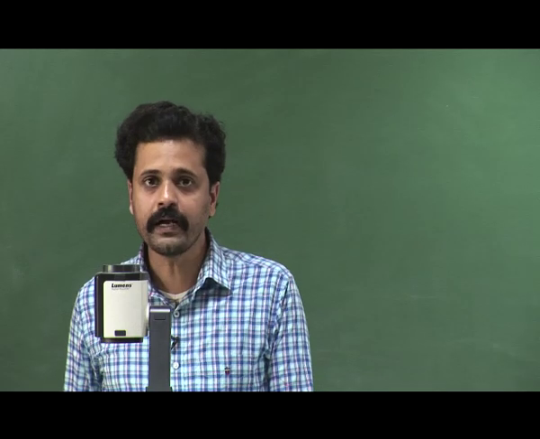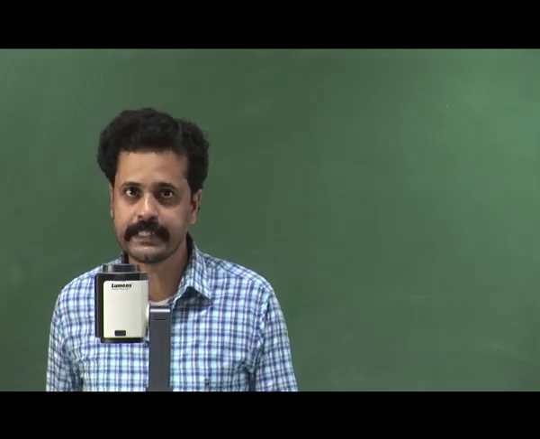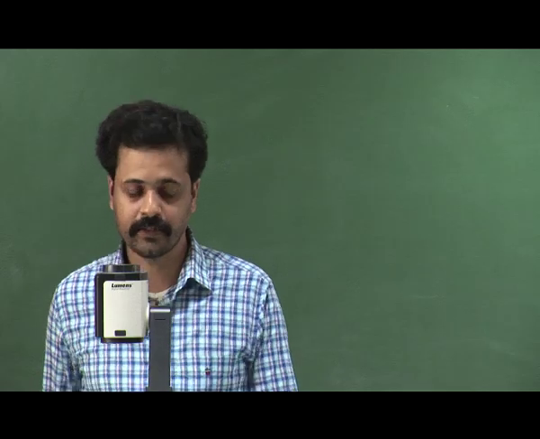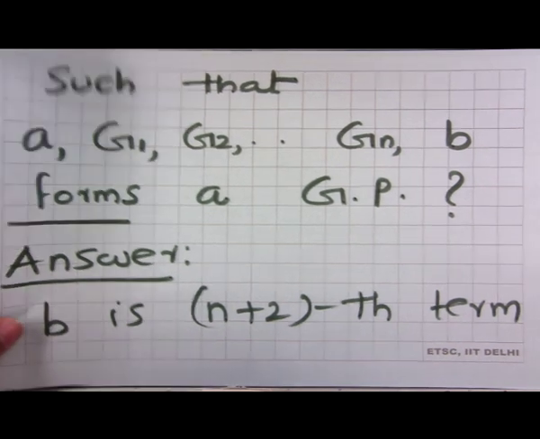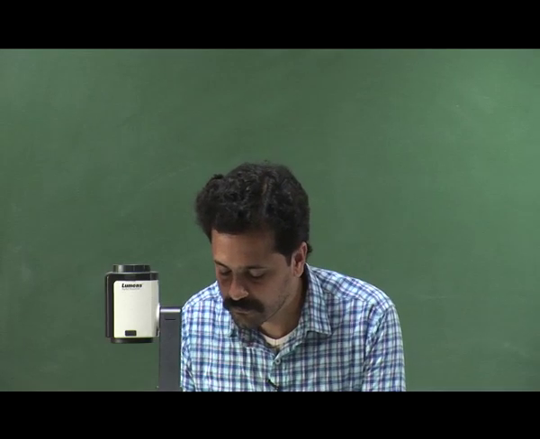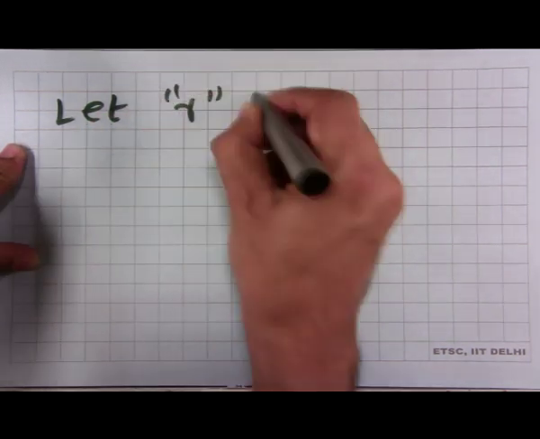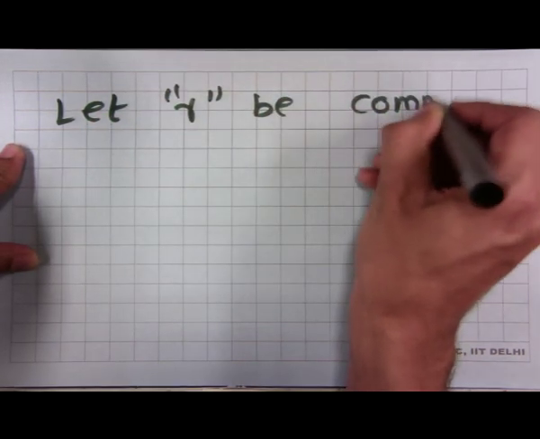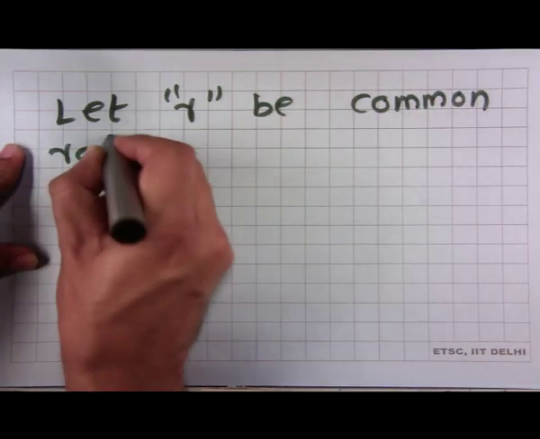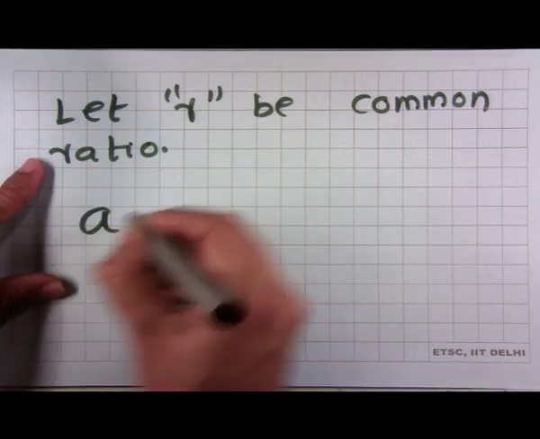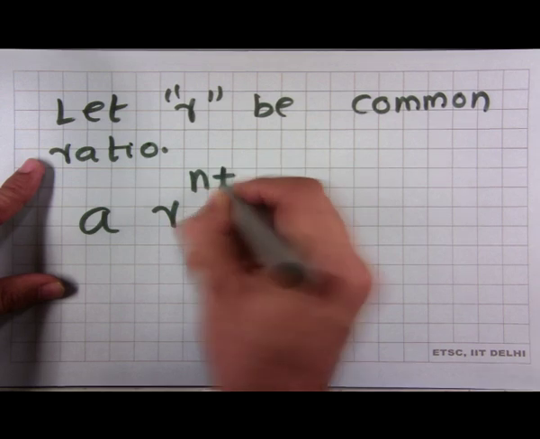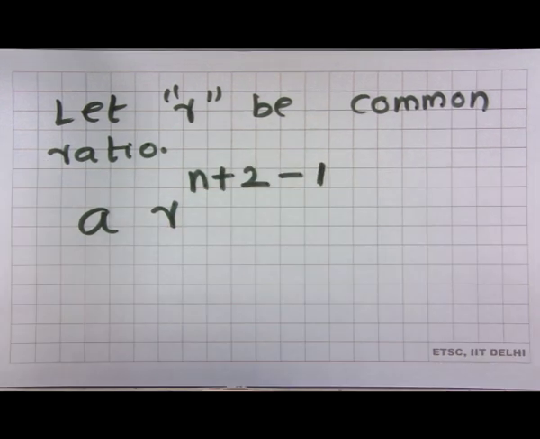We have a formula for the nth term of a GP with first term A and common ratio R. Letting the common ratio of the desired GP be R, the n plus 2th term is given by the formula A R power n plus 2 minus 1.